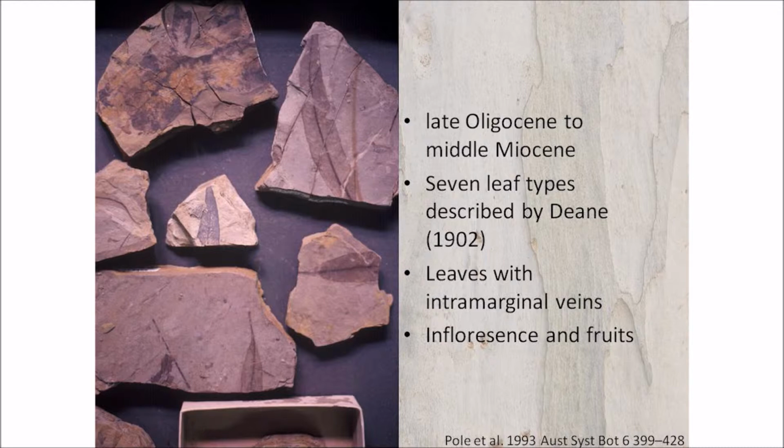Here are some examples of the leaves that come out of there, and you can see they've got that distinctive shape. The venation patterns are also consistent with Myrtaceae, and there are some fruits known from there as well. So good evidence that these are Eucalyptus. And there's a more recent study by Dahl in '93 where they looked at some cuticular features as well.